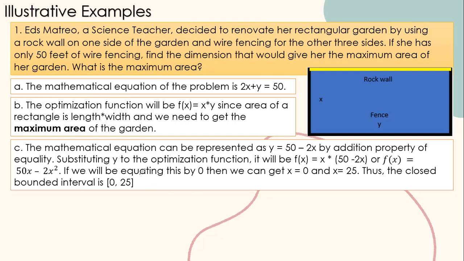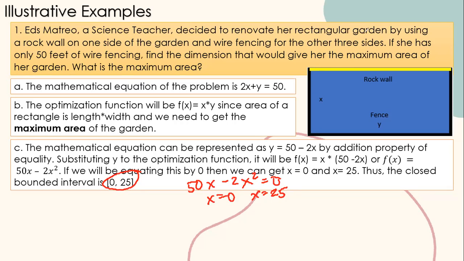So, saan nakuha yung closed bounded interval na to A and B? Inequate si 50x minus 2x squared sa 0. Okay, and then they get x equal to 0 and x is equal to 25. So, that is the closed bounded interval. So, x is equal to 0, x equal to 25. Meron na tayong dalawang value of x.